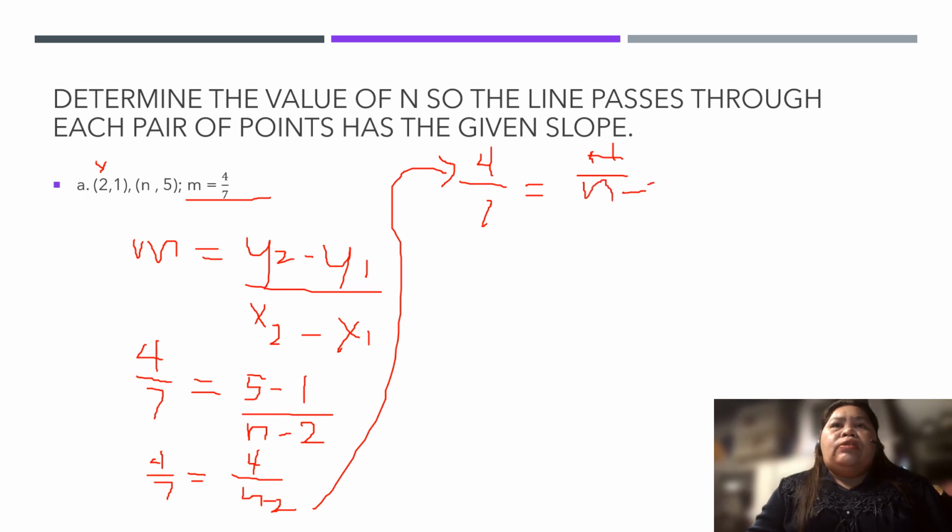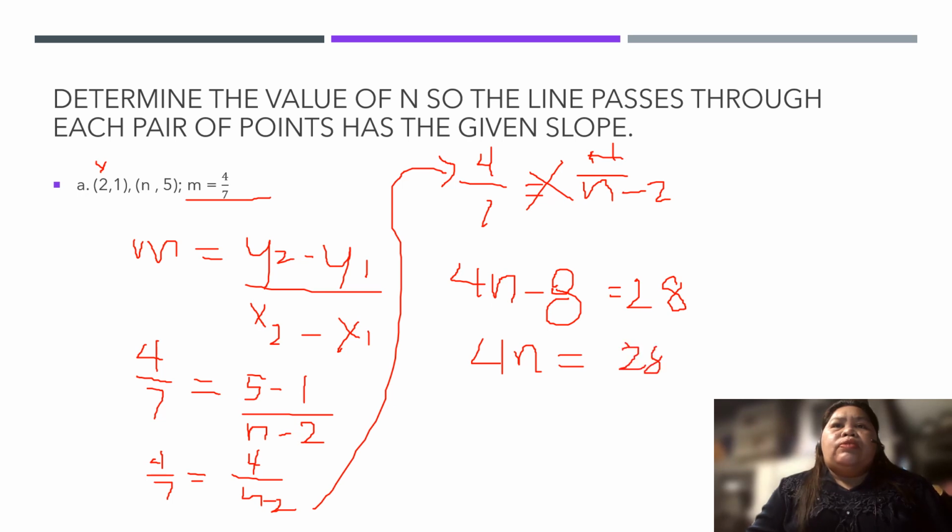We can use here 4n minus 8. So what do we do here? We cross multiply, and 7 times 4 is equal to 28. So 4n equals 28 plus 8.